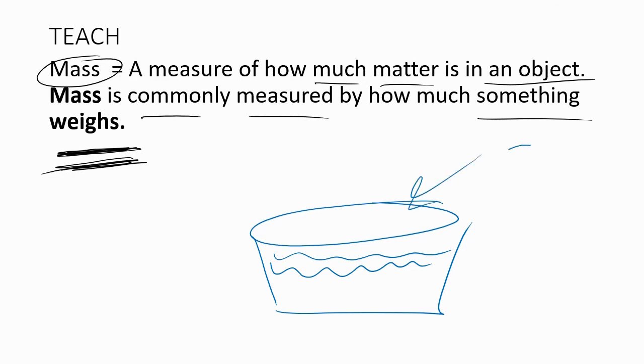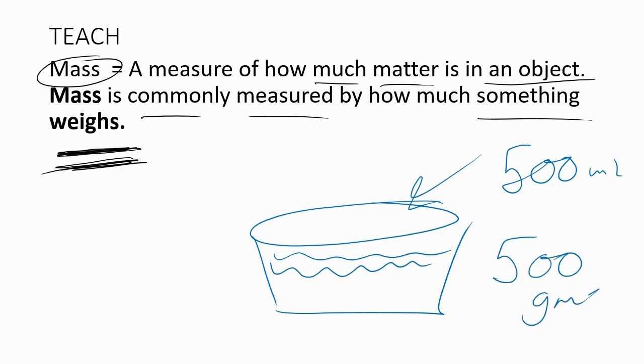Remember that? We had 500 milliliters of water in that bucket. I guess that might actually weigh about 500 grams. But of course you'd also have to add the weight of the bucket, which might be an extra 20 grams or so. So mass is about how much something weighs.